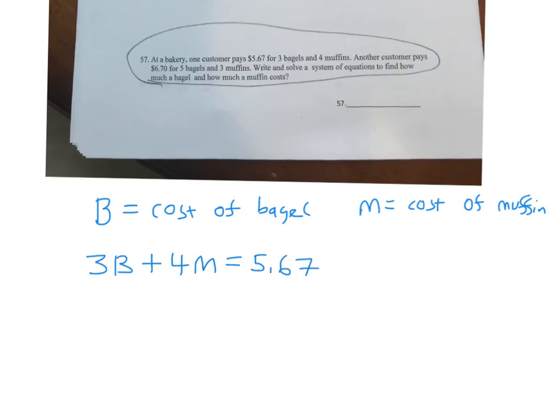We also know, based on the second situation, that 5 times whatever a bagel is, cost-wise, plus 3 times the cost of one muffin, is going to total $6.70. And then the question is, all right, how do I go ahead and solve these?